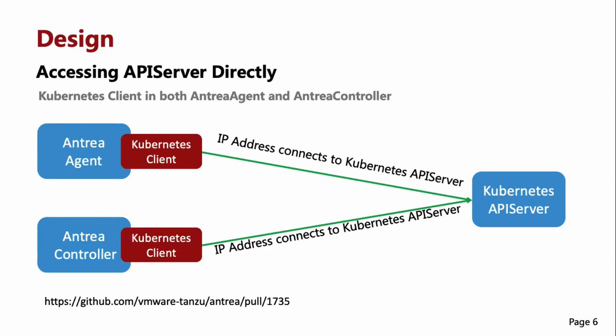Yeah, I just want to discuss whether it is necessary to introduce another configuration to Antrea controller if this is not a very serious issue. But sure, you can always make it connect to the API server directly. Okay, I understand.